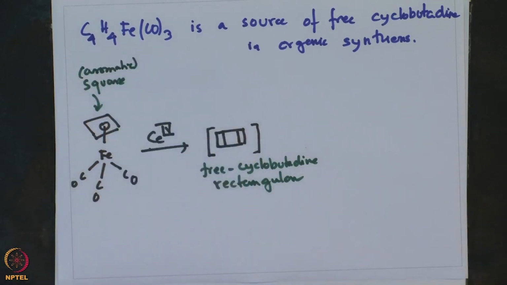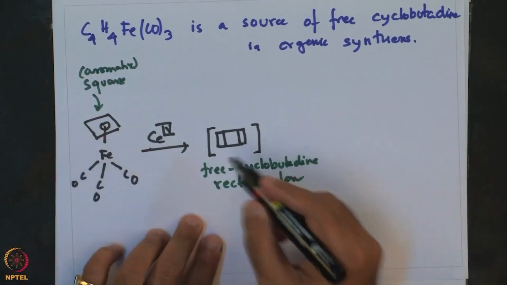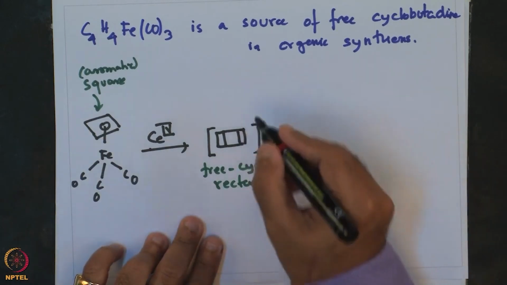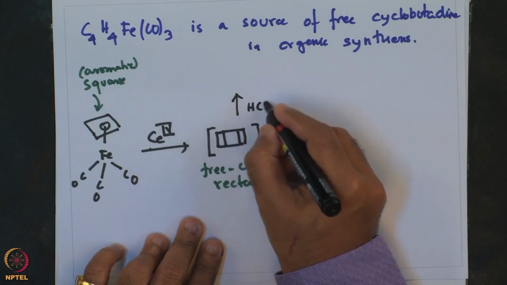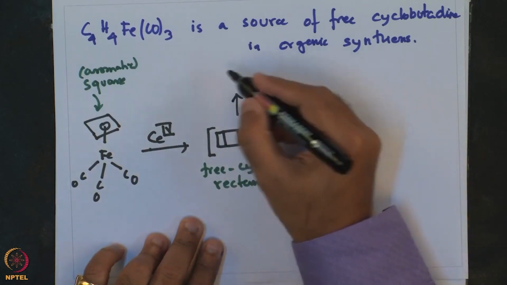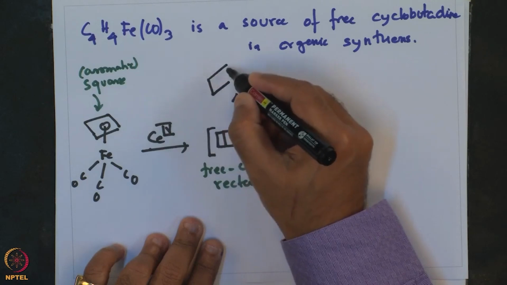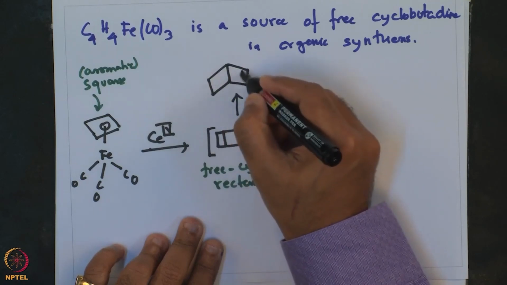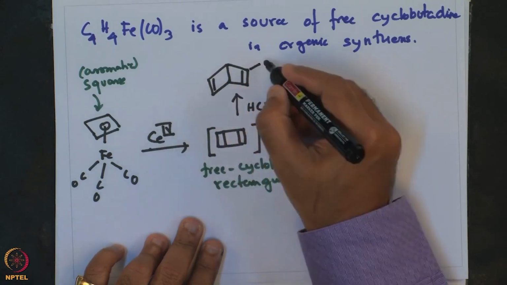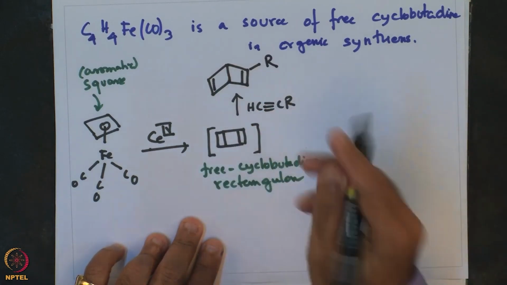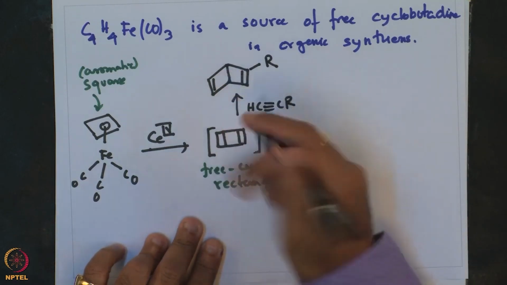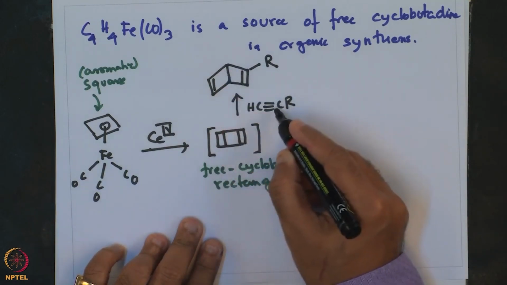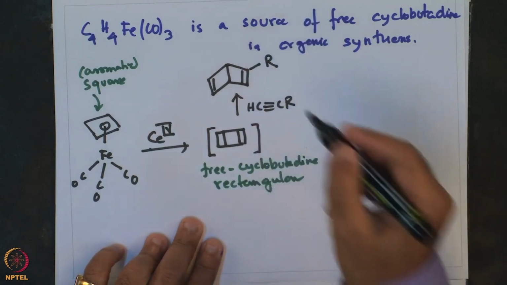So, upon decomplexation, the cyclobutadiene ring changes from a square geometry to a rectangular geometry, which can react with terminal acetylenes, giving these Dewar benzene compounds. So, this is just a 2 plus 2 cycloaddition of one of these double bonds with that of the acetylene, resulting in these Dewar benzene compounds.